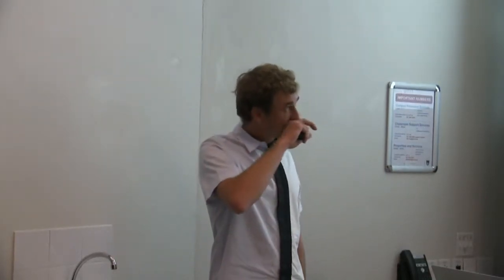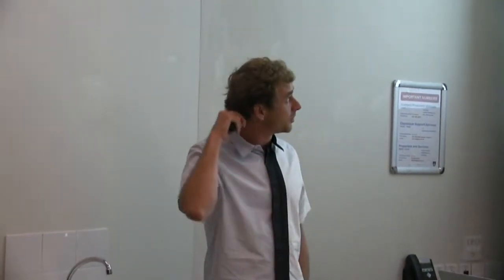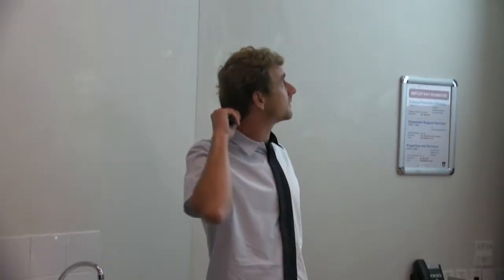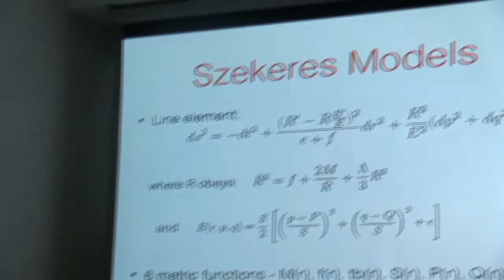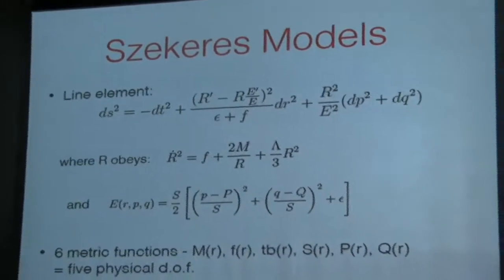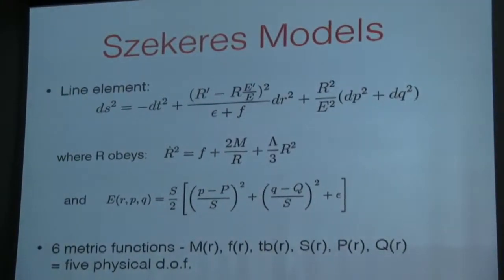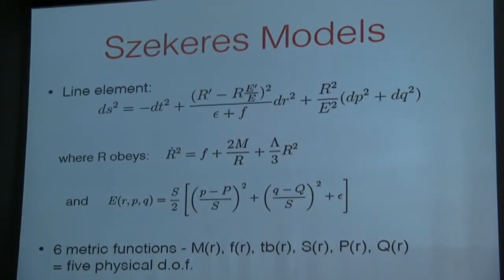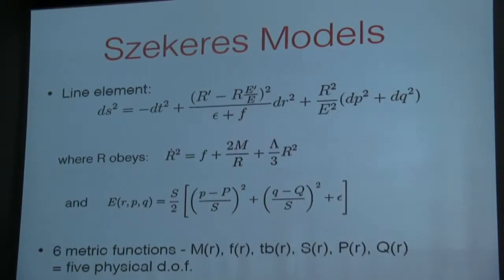Okay, so this is the Szekeres metric. I'm not sure if you're very familiar with it. It's kind of a big mess. It's a little bit like the LTB solution, but it's more general than that. So it's got no spherical symmetry.